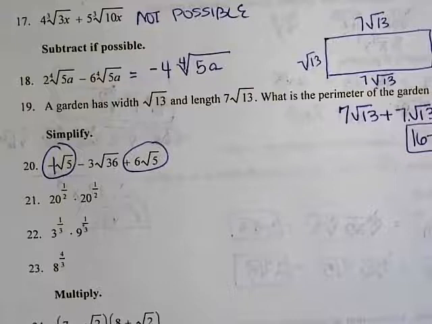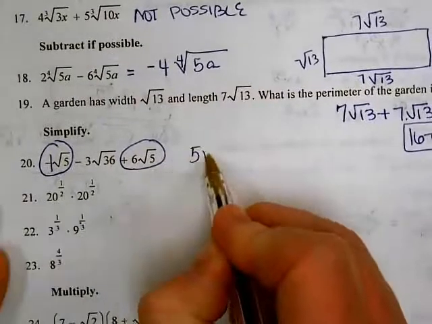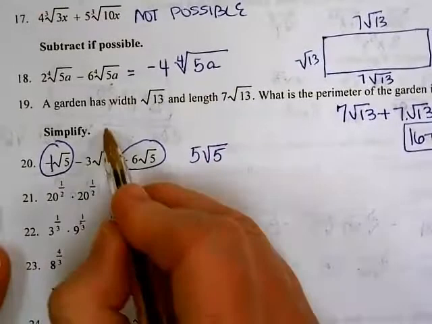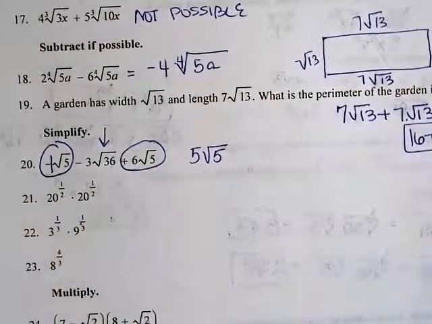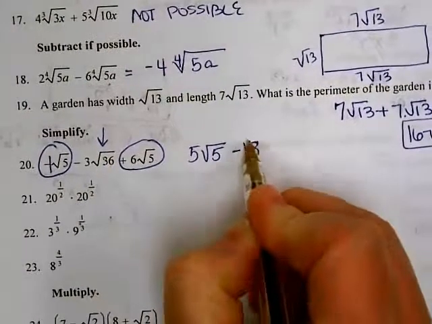Would it be negative or positive? Well, you got 6 positives and 1 negative, so it's going to be 5 square roots of 5. Now, what are you going to do with that part? What's the square root of 36? 6. So negative 3 times 6 is negative 18.